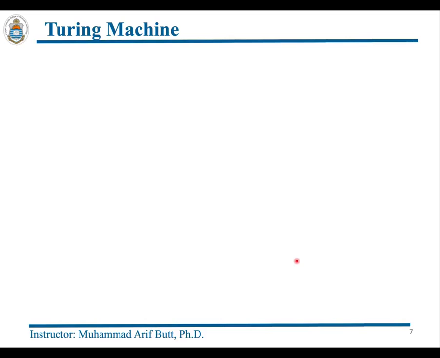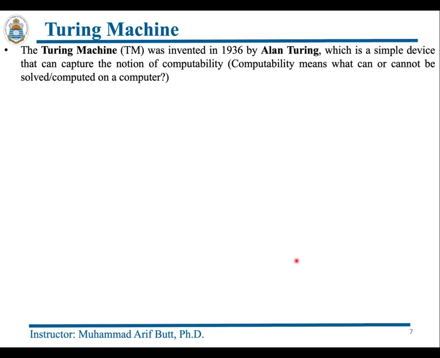First of all, let us talk about the Turing machine. The Turing machine was invented in 1936 by Alan Turing, which is a simple device that can capture the notion of computability. And computability means what can or cannot be solved or computed on a computer.